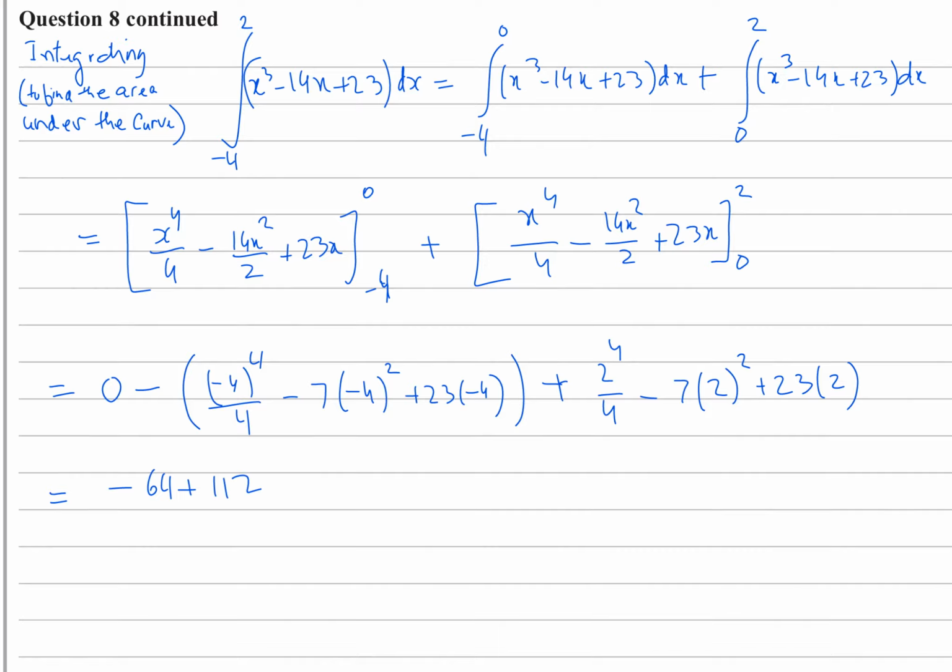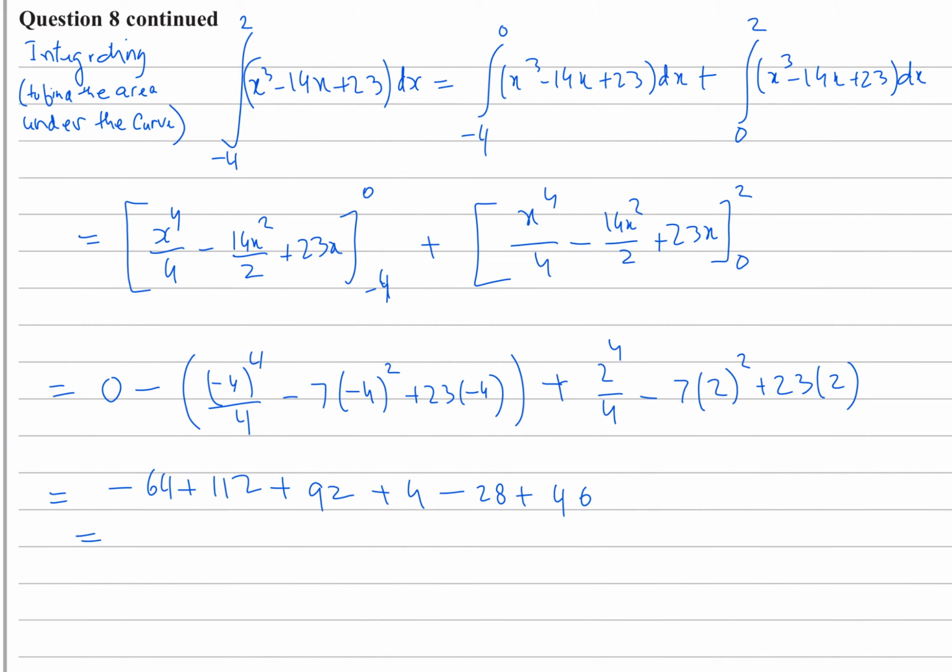Then plus 92, and then plus 4, and 4 times 7 is 28, so minus 28, and plus 46.